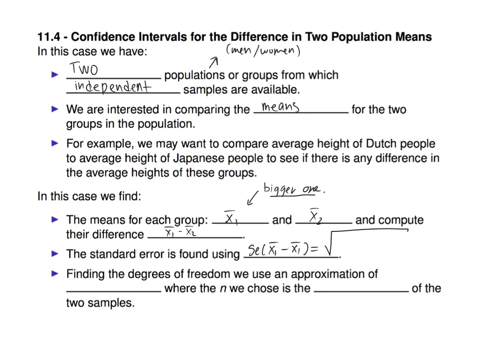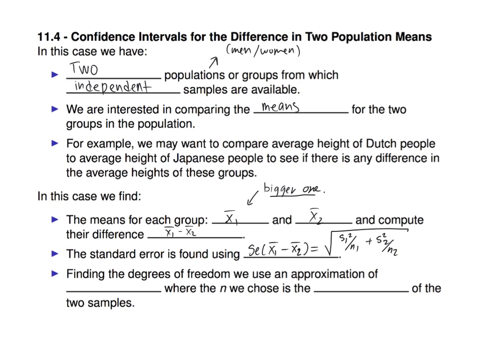It's S1 squared over n1 plus S2 squared over n2, with a 1 and a 2 on the sample sizes. And you can think, if you only had one mean, that would take one of these terms away, and then you would get S1, because you could then square root it, divided by root n1, right?